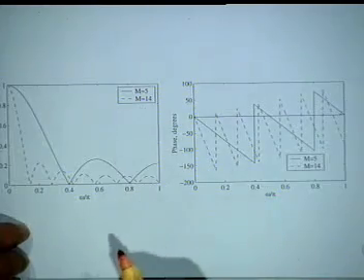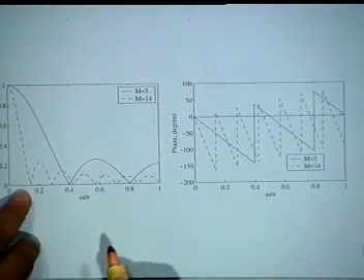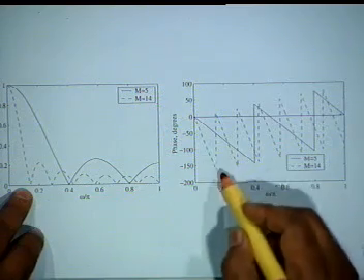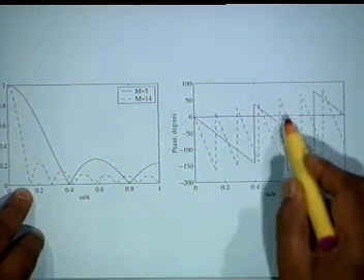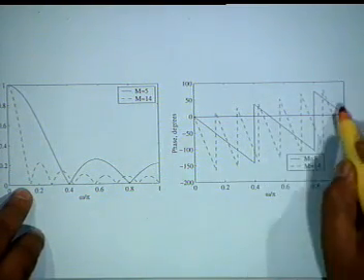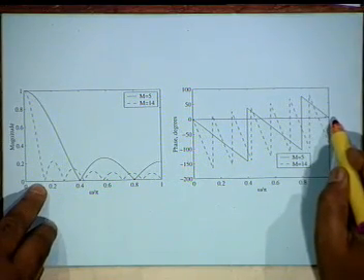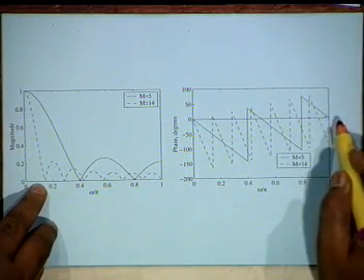If capital M is 14, then you see the first transition occurs at less than 0.2. How many transitions now? Exactly 7. 14 by 2 is 7. So 1, 2, 3, 4, 5, 6, 7, and the seventh one is the end of the vision at omega equal to pi.